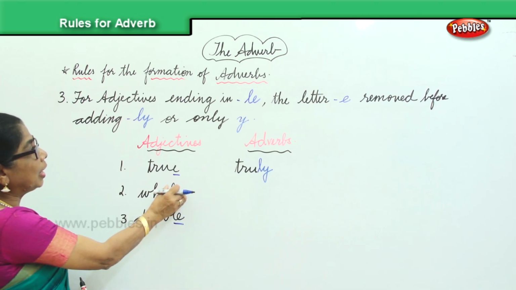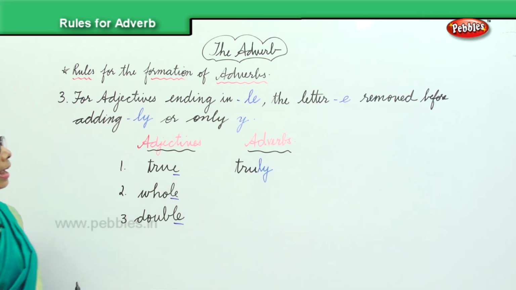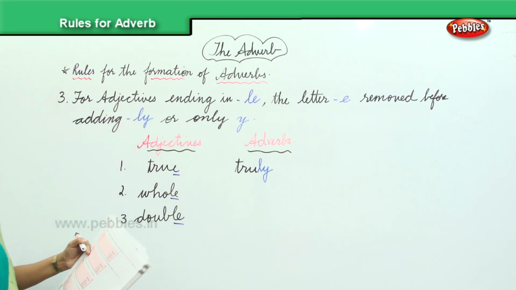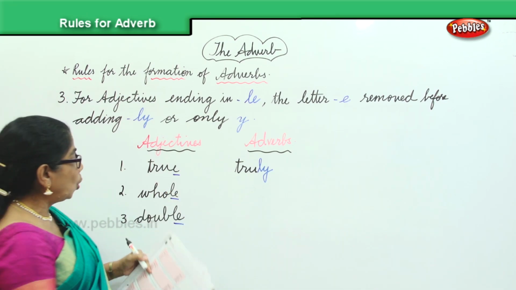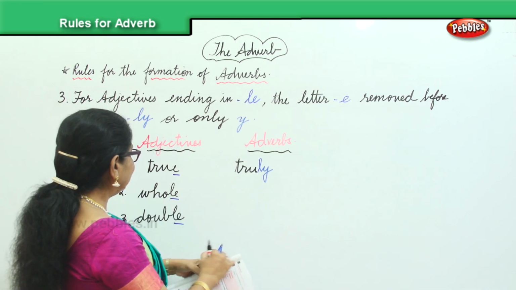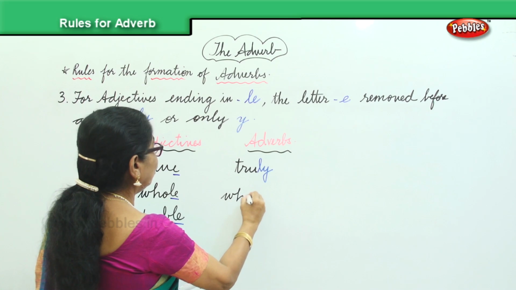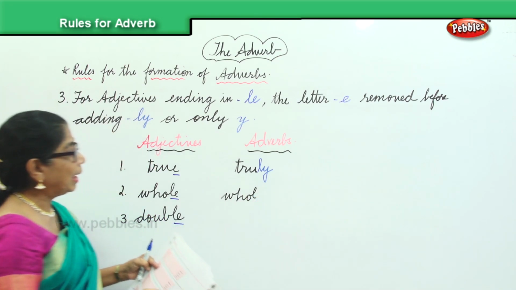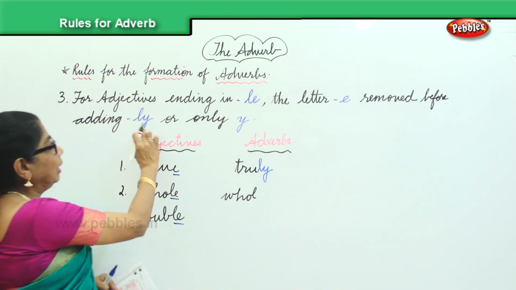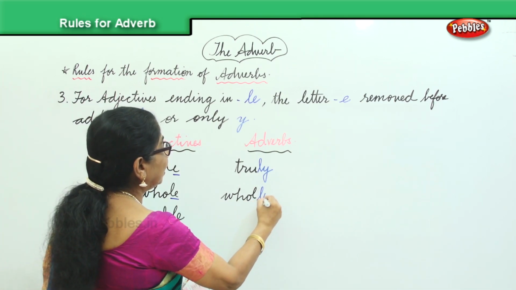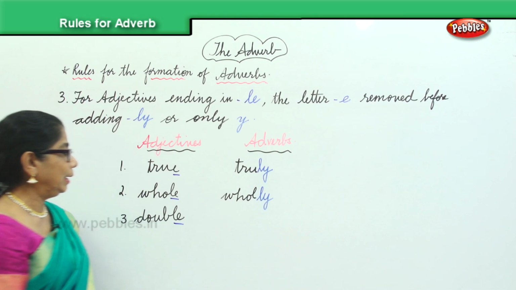Whole, you write WHOL and here you add ly, wholly.